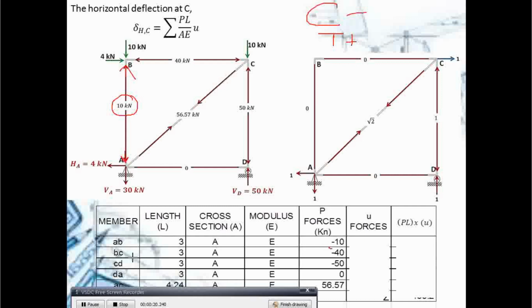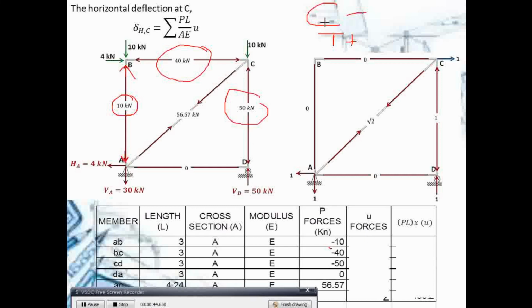Doon tayo kay BC. Ito si BC. Ang nakuha ko is 40. Again, the nature of the force for BC is compression. So, negative. CD. That is 50 kilonewtons. Again, the arrow is pointing towards the joints.